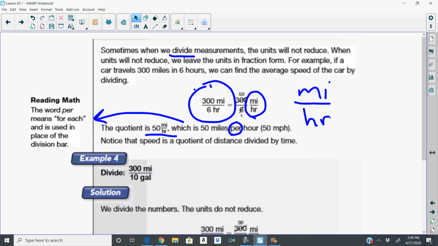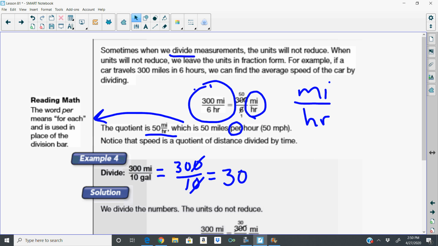So let's take a look at example 4. 300 miles divided by 10 gallons. So what we do is we have 300 divided by 10. Okay, now I'm reminding you of the things we did. It's a division problem, but it's also a fraction. So we can take a 0 off of each one, and we're left with 30. Super easy math there, right?